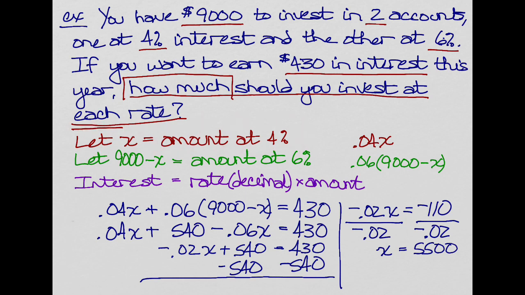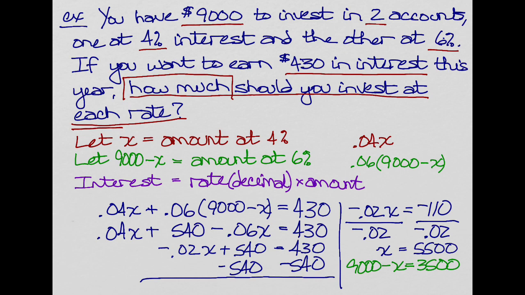I'm going to put $5,500 at 4%. To get the amount at 6%, that's 9,000 minus x. Well, I know what x is now. So we can find 9,000 minus x. 9,000 minus 5,500 is 3,500.